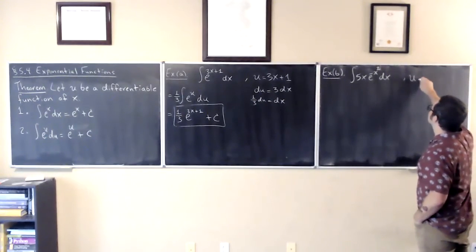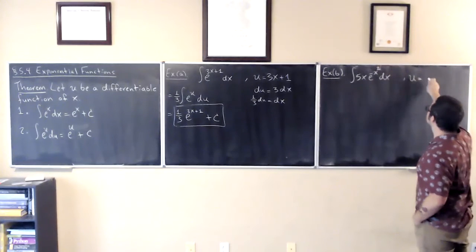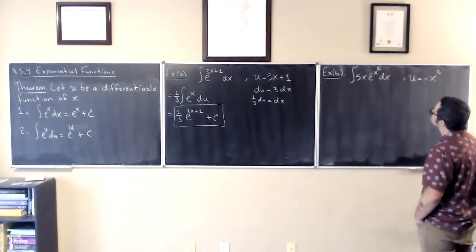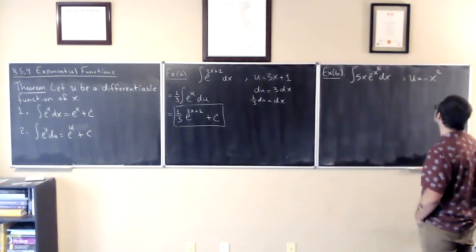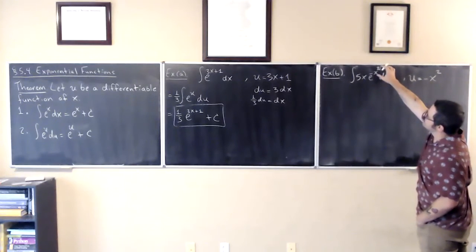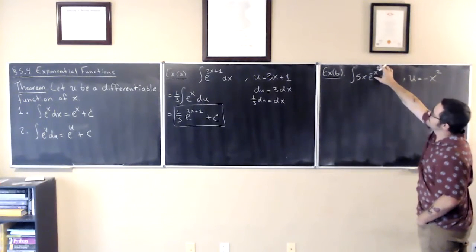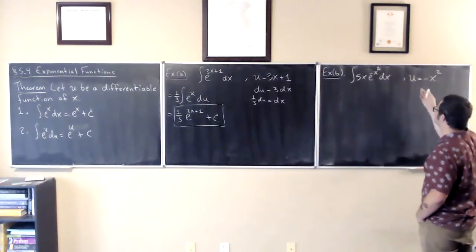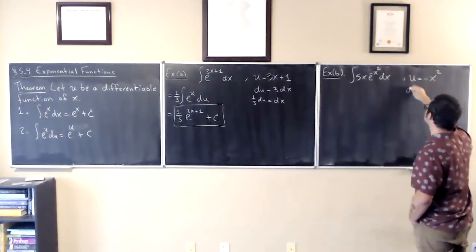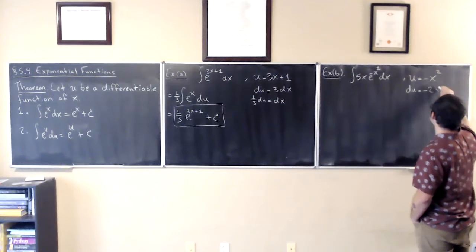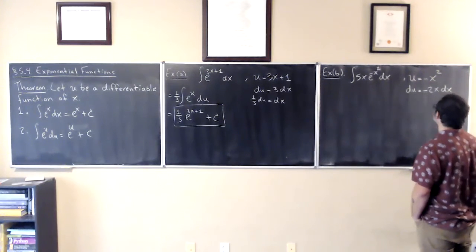So if u is equal to negative x squared, I suppose, I'm just guessing right now. I'm not guessing. I know that this is my u. I just don't know if it's going to be negative u or just u, but I'll just assume that it's u. So then du is equal to negative 2x dx.